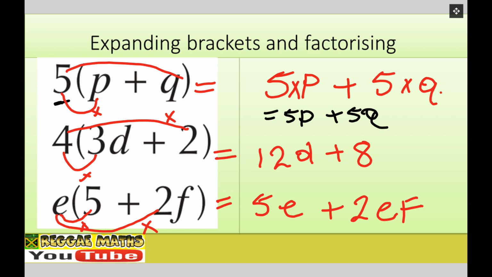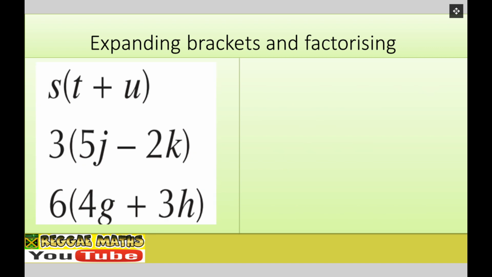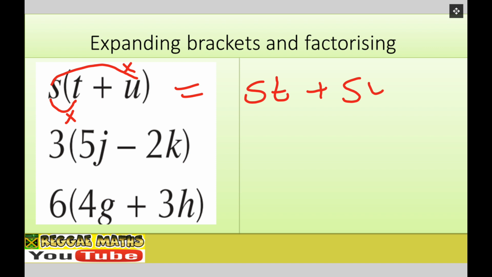Okay, looking at this one, s times t is equal to st. s times u is su. 3 times 5 is 15, so you've got 15j.